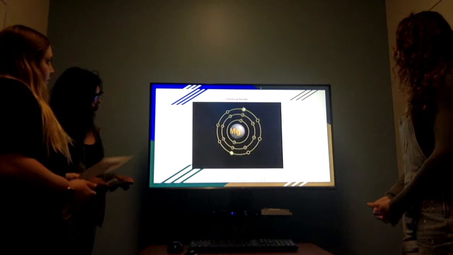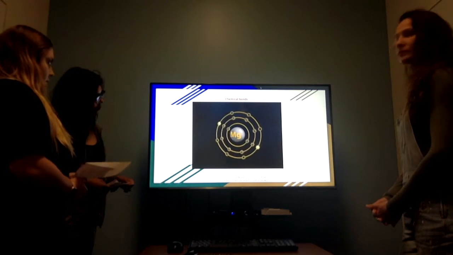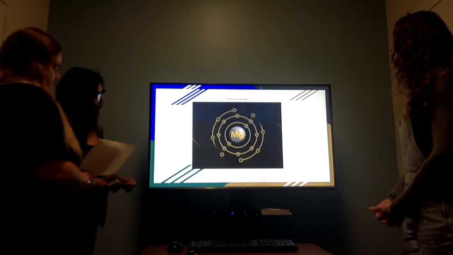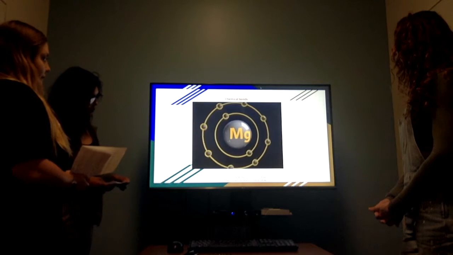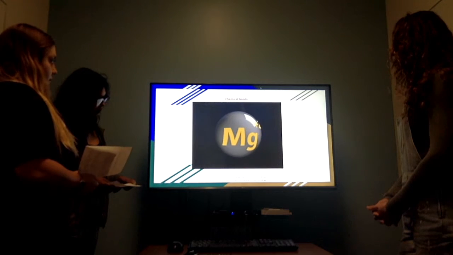For example, magnesium has 2 valence electrons and is therefore unstable. To gain stability, magnesium will lose 2 electrons, leaving the new valence shell full. This will result in magnesium forming an ion with a +2 charge.